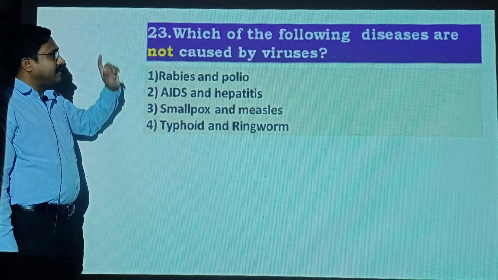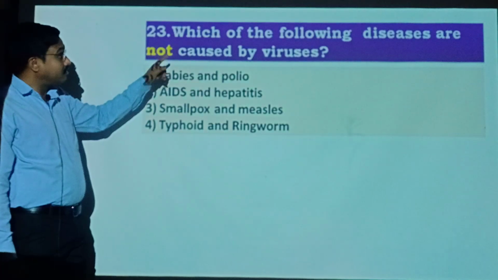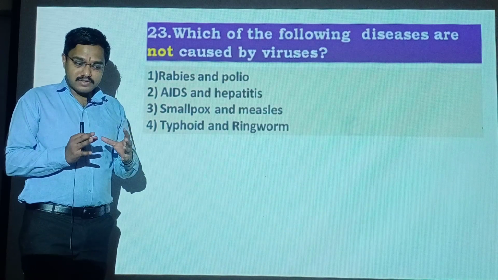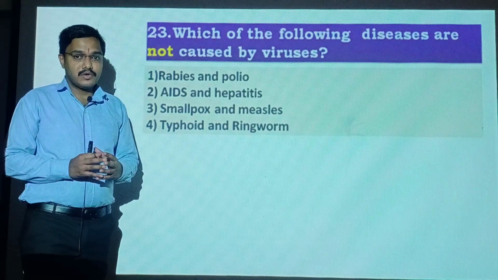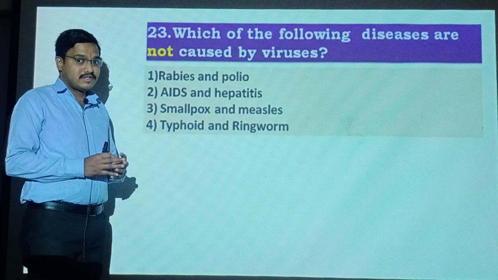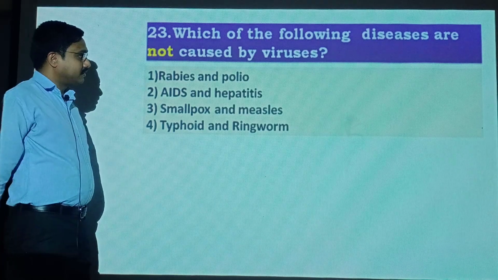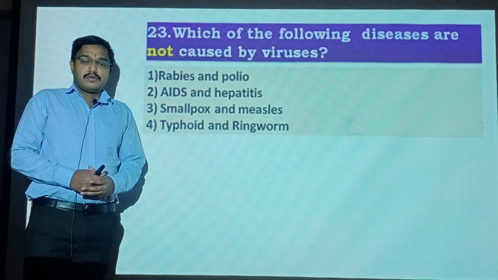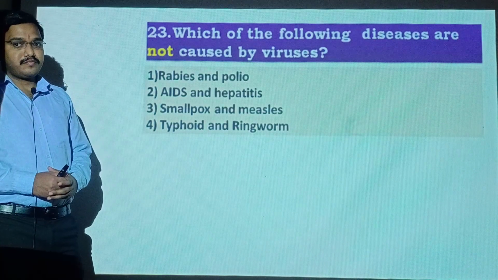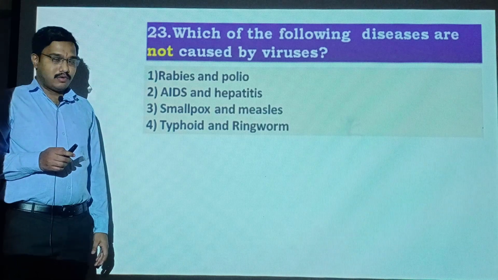Question number 23. Which of the following diseases are not caused by viruses? We have to select the diseases which are not caused by viruses. See the question carefully: not. Now look at the options.